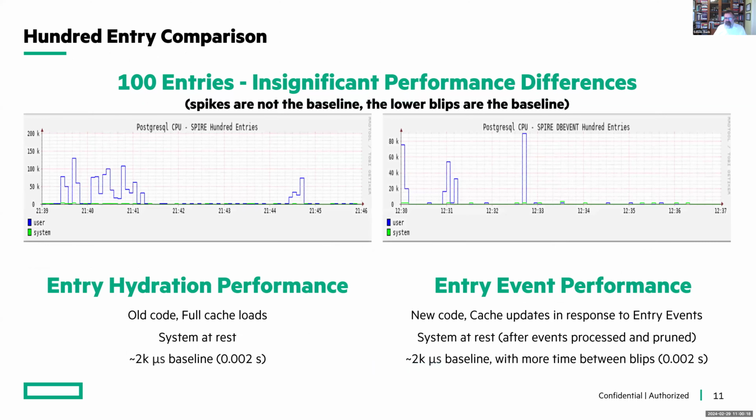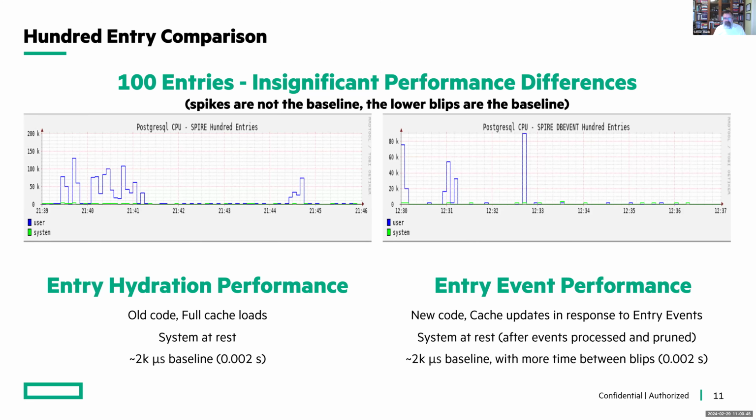But these spikes that you see, just slightly before 2140 on the left chart and just before, say, 1233 on the right chart, those spikes represent internal Postgres processes that wake up every now and then and do things like table vacuuming and memory restructuring and scanning for freeing the information that is no longer needed for the query processing engine.